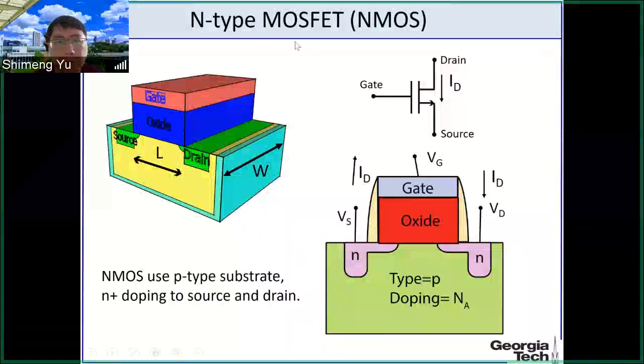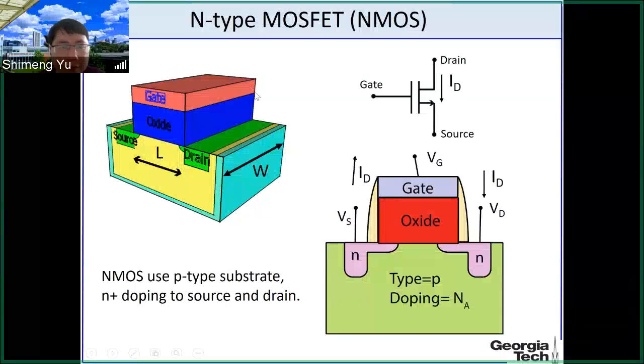Let's have a quick review of the MOSFET structure. We showed this slide in lecture 7. Here is a three-dimensional view of the MOSFET structure. We have the gate, then the oxide, which is insulating, and then the silicon substrate at the bottom.